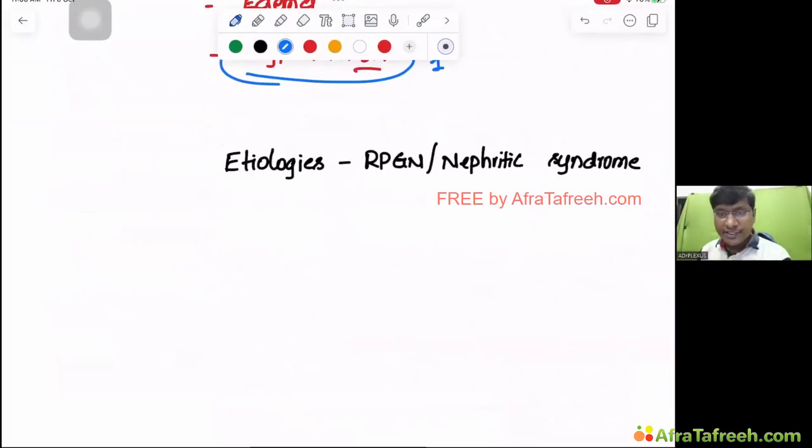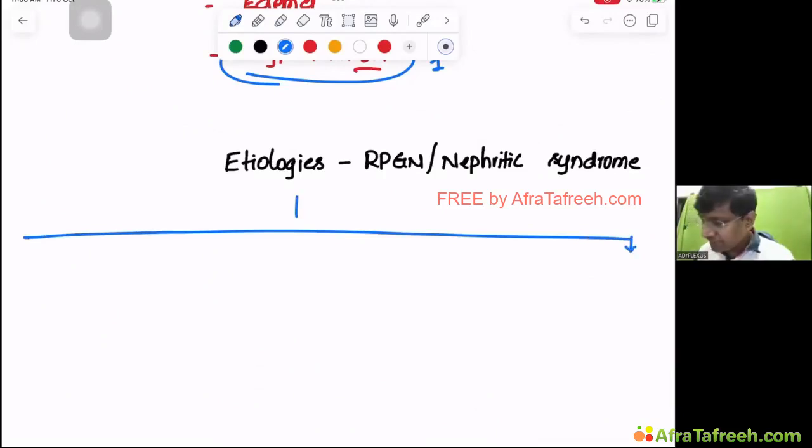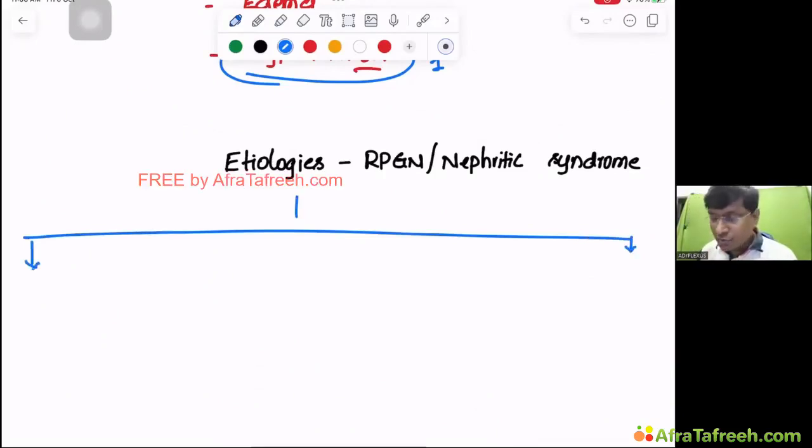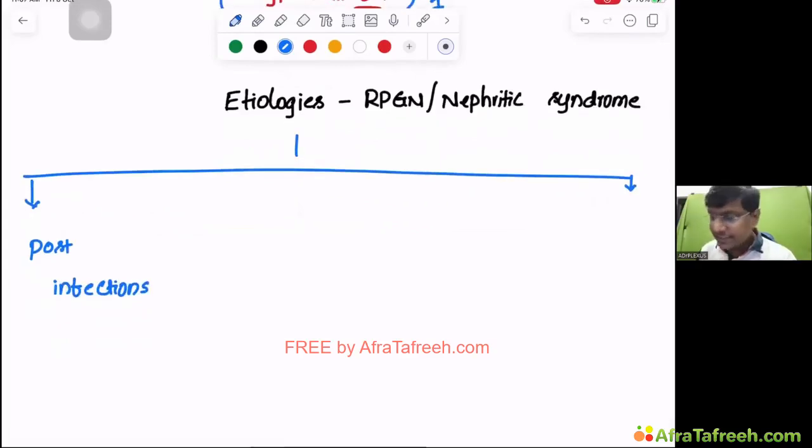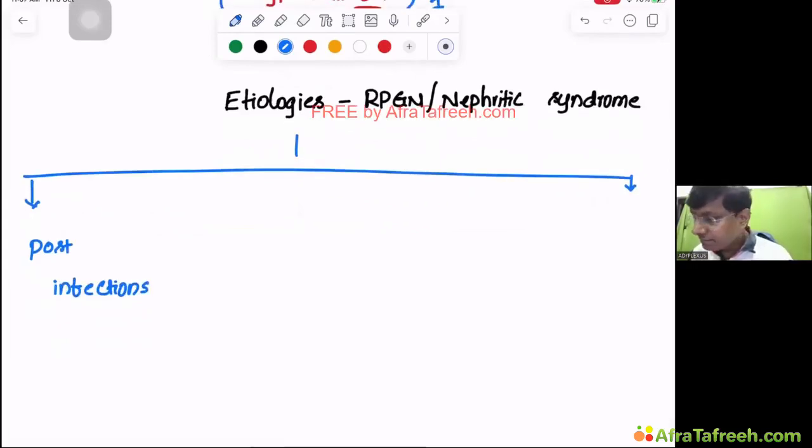First important is the infections, where you have deposition of immune complexes, post-infections. Next, we have some multi-system diseases.